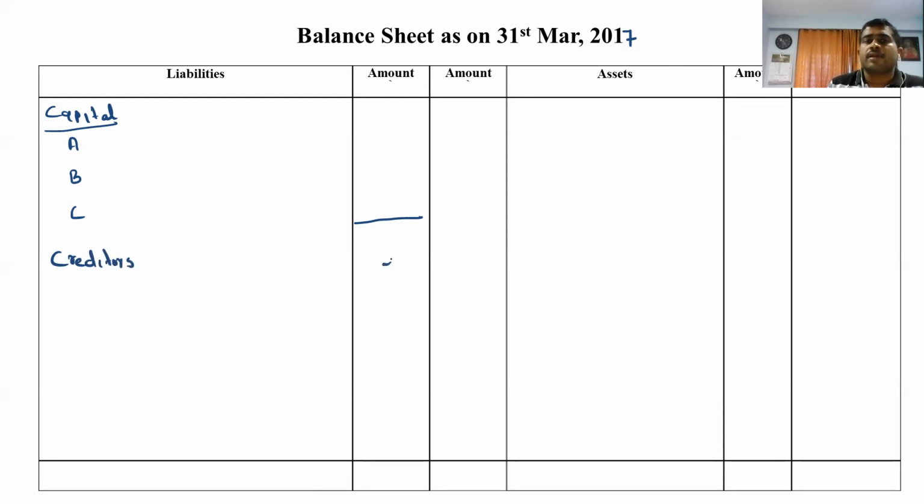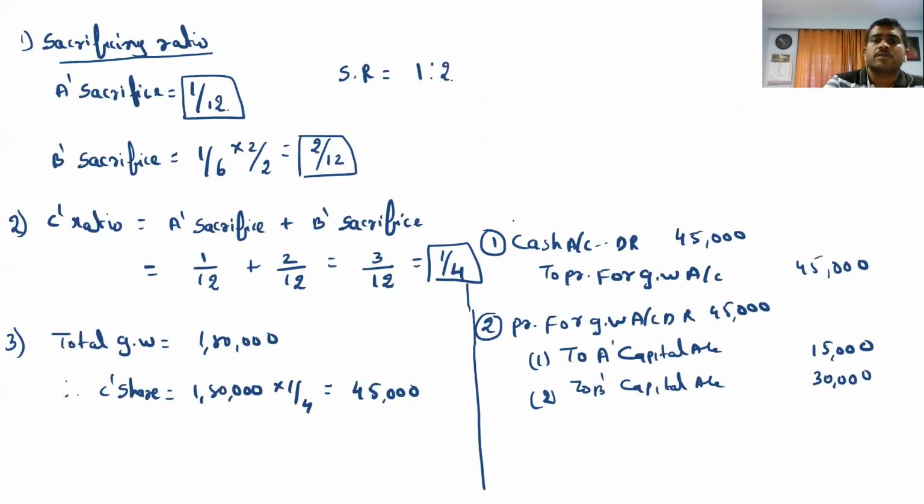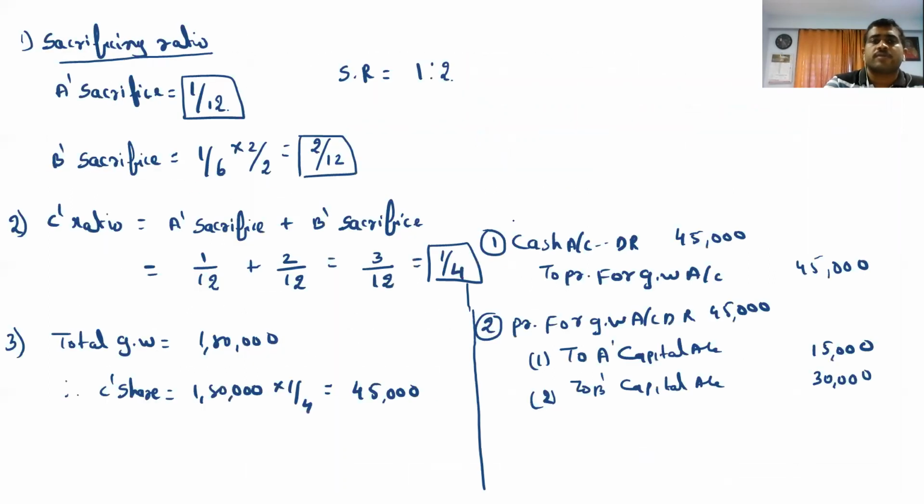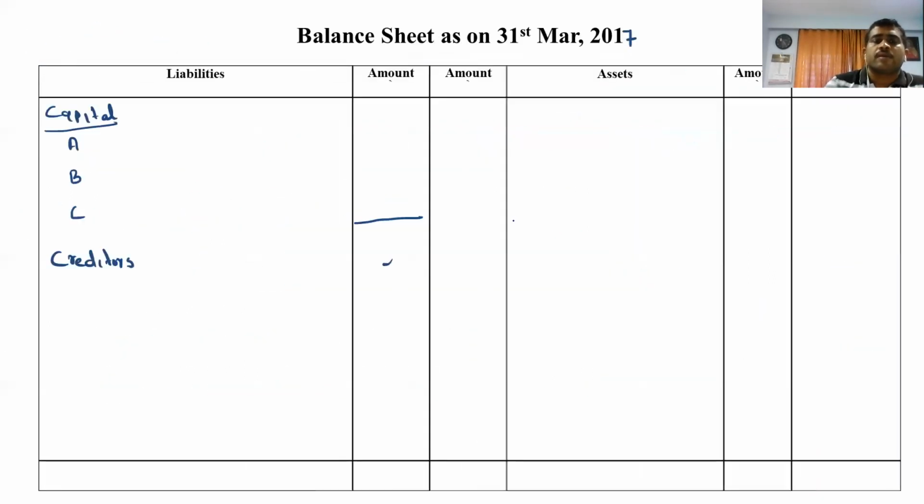Tick mark is there? No. So outer column, it comes to 75,000. So creditors comes 75,000. Bills payable, that also comes 10,000.